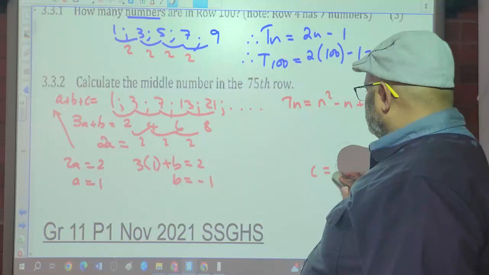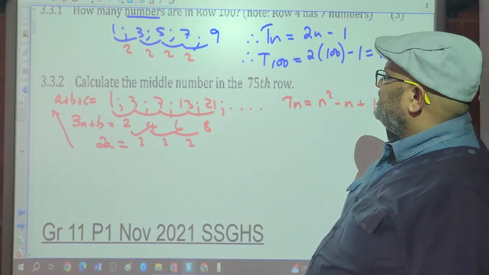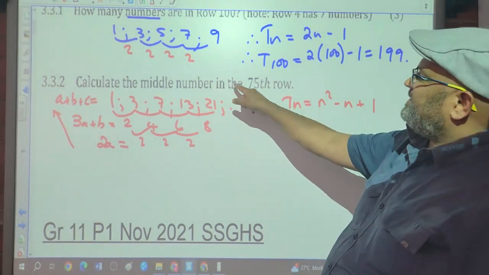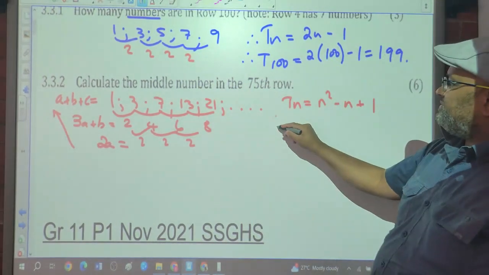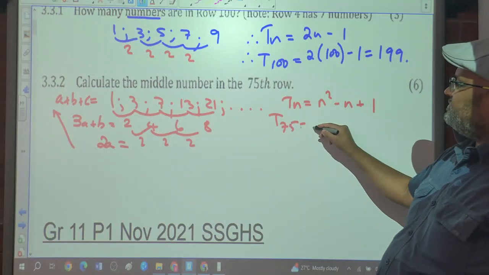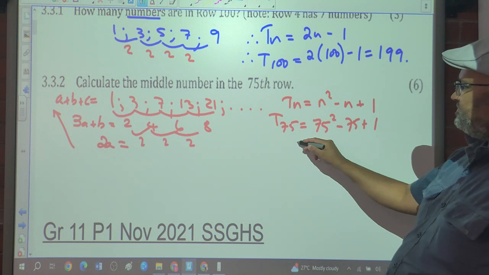But I haven't answered the question yet. What is the question? Determine the middle number in the 75th row. So it's going to be T75 is equal to 75 squared minus 75 plus 1.